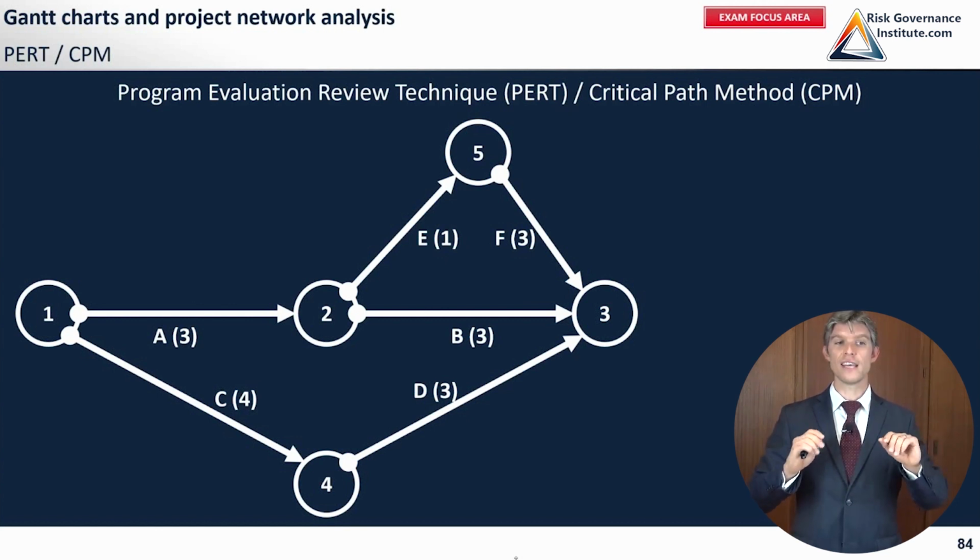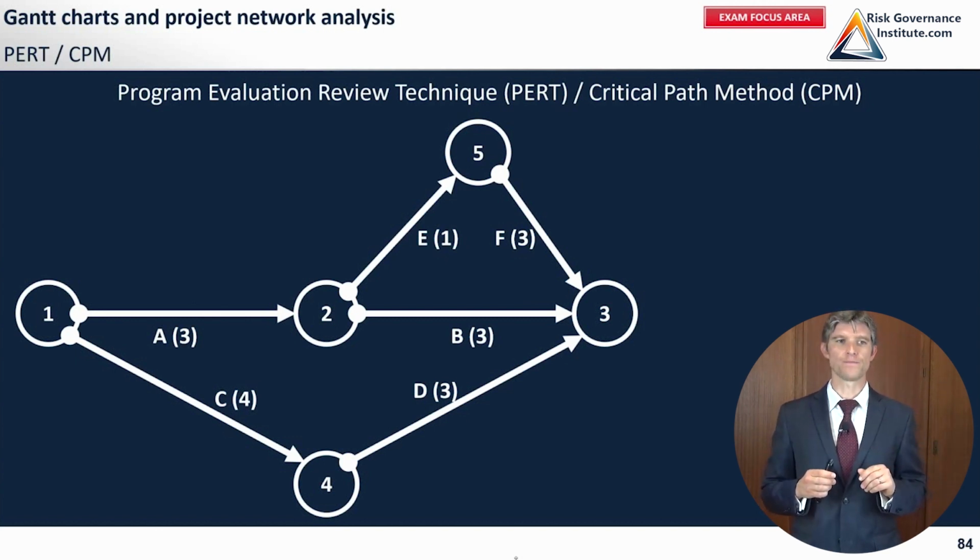Say C and D around point 4 might be preparing the testing, whereas 5 might be some initial planning with management. In any case, it can be different activities. It doesn't have to be internal audit. It can be a lot of different projects. But indeed, it gives you a way of evaluating a project. And here's where it gets interesting.